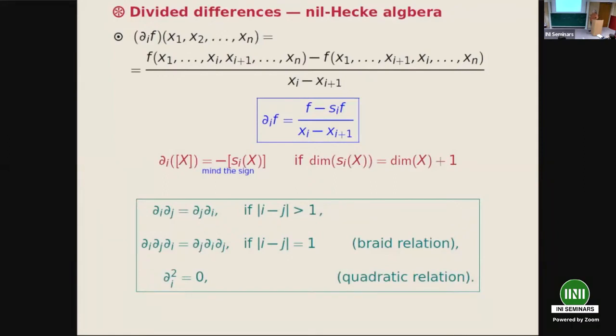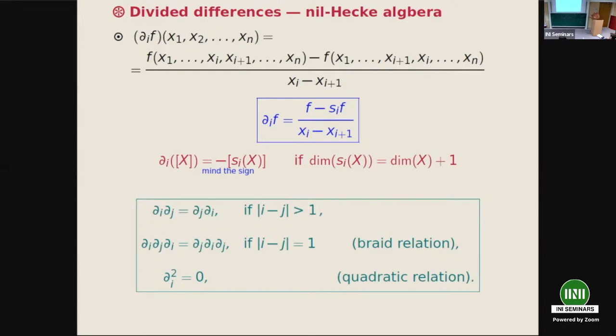You just take a polynomial, subtract the same polynomial with variable i switched with the next one, and divide by this difference. So in short, this is f minus s_i f, divided by the difference.